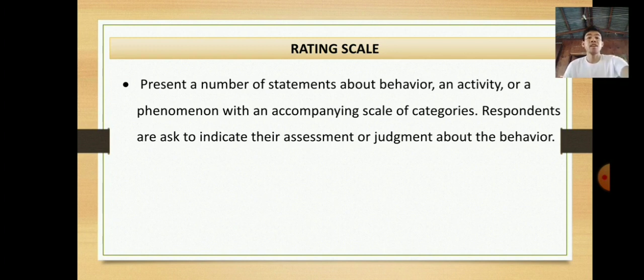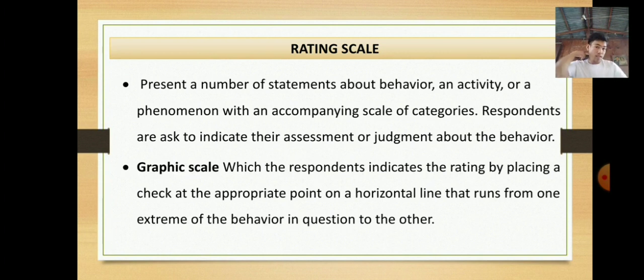Next is the type of scale, which is the graphic scale, the widely used rating scale. Respondents indicate the rating by placing a check at the appropriate point on a horizontal line that runs from one extreme of the behavior in question to another.